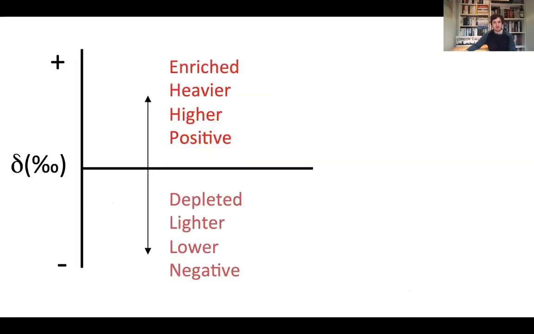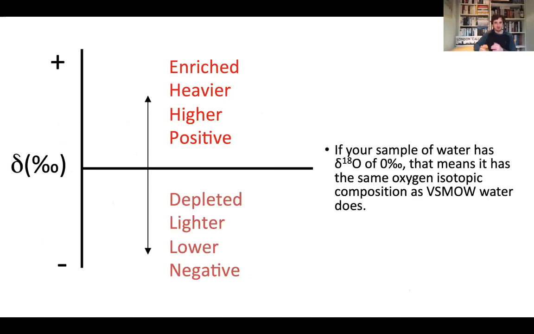Then if you measure your sample and you've got your delta 18O value, you've looked at the ratio in your sample, you've done that equation, you compared it to the ratio in the standard. If your delta 18O is 0, that means it has the same oxygen isotope composition as the standard.